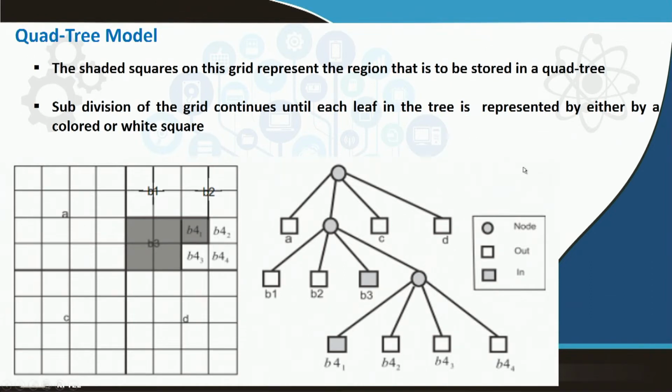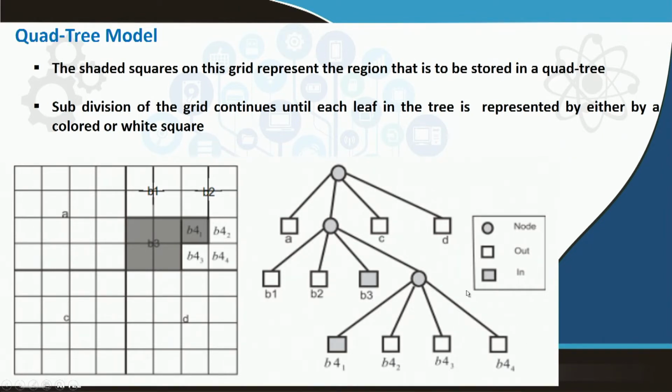You have a node, and this node is the entire image. This node is then divided into 4 quadrants, which are A, B, C and D. Now if I take the B quadrant, it is again divided into B1, B2, B3 and B4, and each of these is then divided further into B11, B12, B13, B14, and similarly B41, B42, B43, B44.